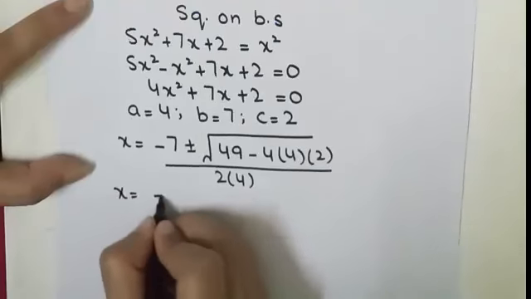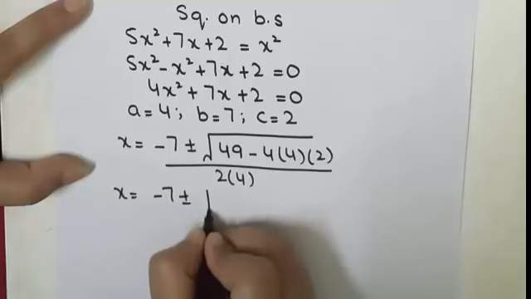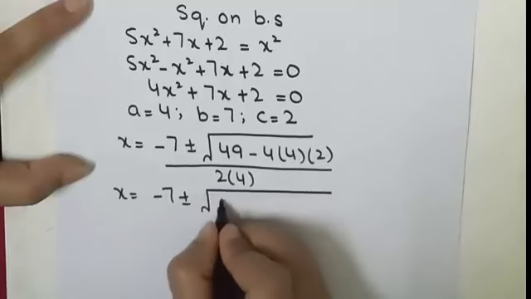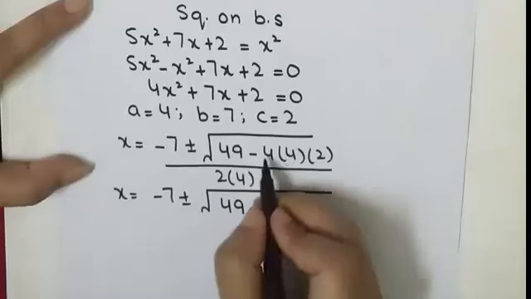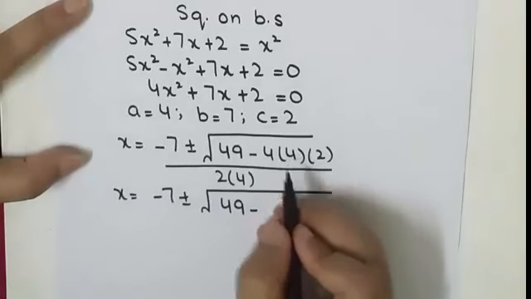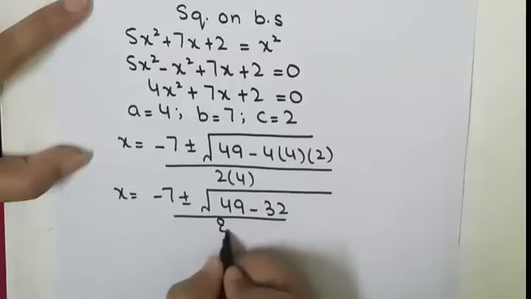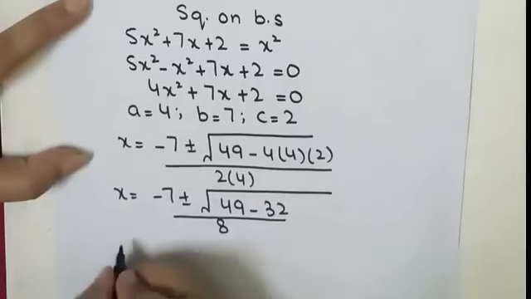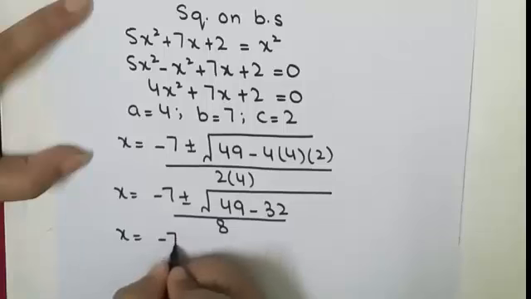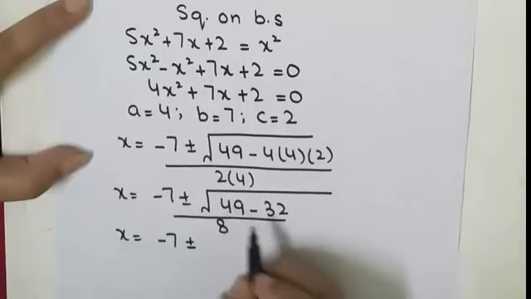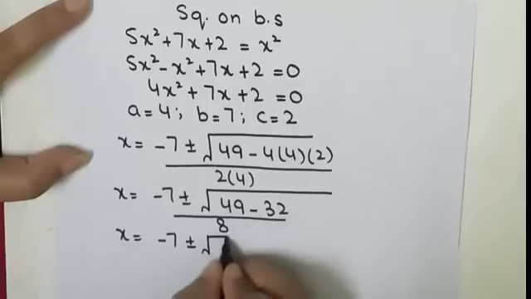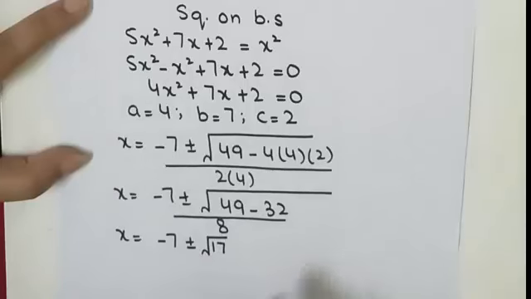So x is equals to minus 7 plus minus 49 minus 4 times 4 is 16, and 16 times 2 is 32, divided by 8. So x is equals to minus 7 plus minus under root 49 minus 32. This is 17 divided by 8. So this is the value of x.